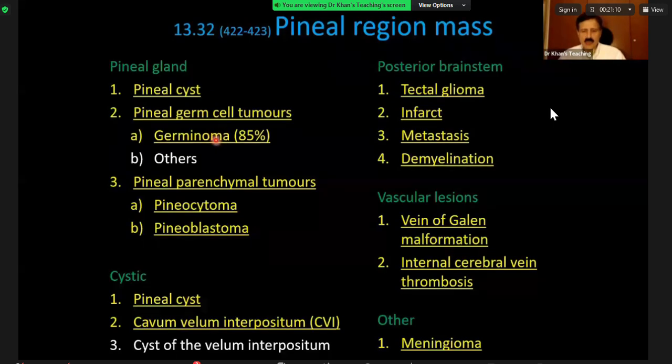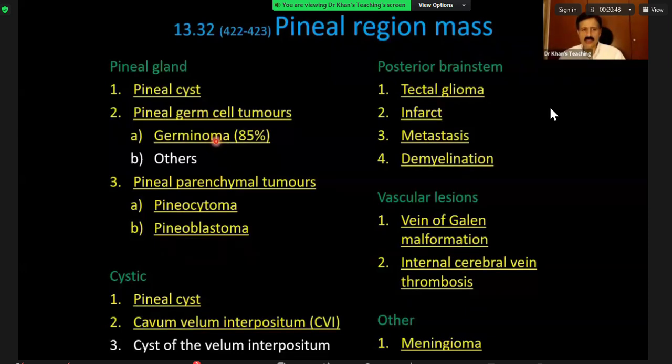And in germinomas, think like seminoma of the testes. So they can be of various types. The viva question there is that whenever you see a pineal lesion, you consider germinoma. It will be a solid lesion. You consider germinoma in the differential diagnosis.